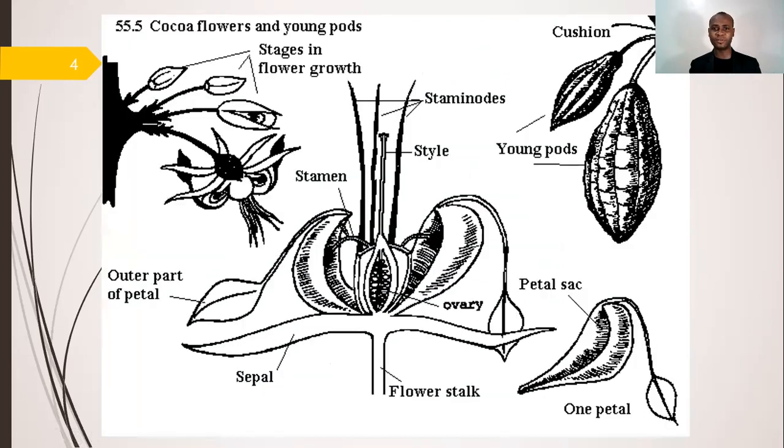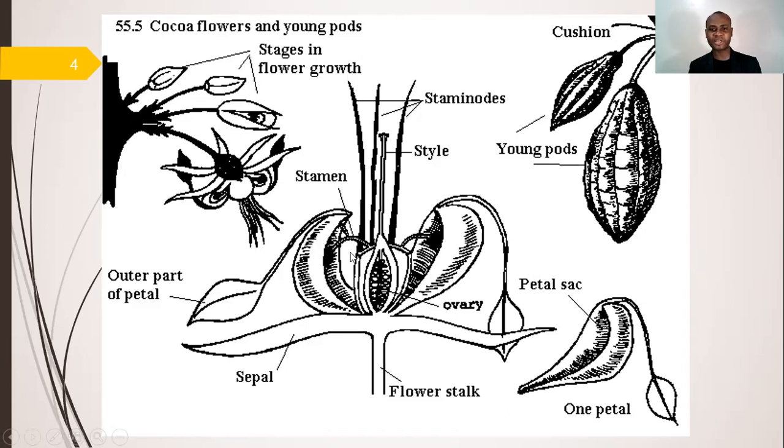So you need to really understand this very well, so that in case you have to enhance flowering, you exactly know what to do.